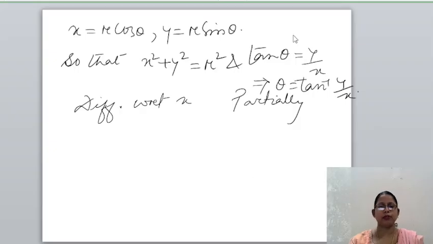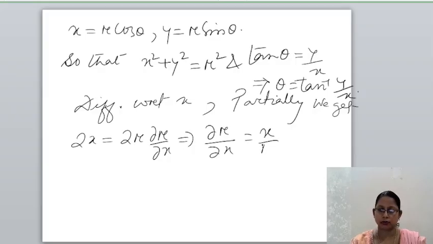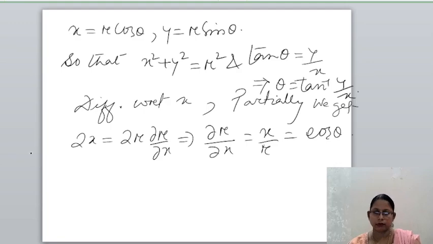So differentiating partially with respect to x, I will get 2x equal to 2r del r by del x. So this implies del r by del x equals x by r, which is cos theta.